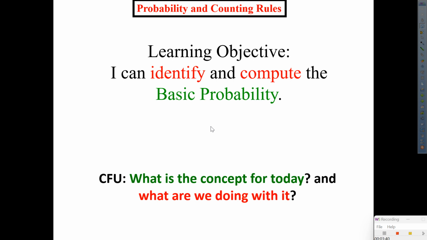So, with that said, did we start with the definition for probability yesterday? Yes. Tell your neighbor the definition of probability, without looking at your notes. Jaden, go. Help him out, Eddie.